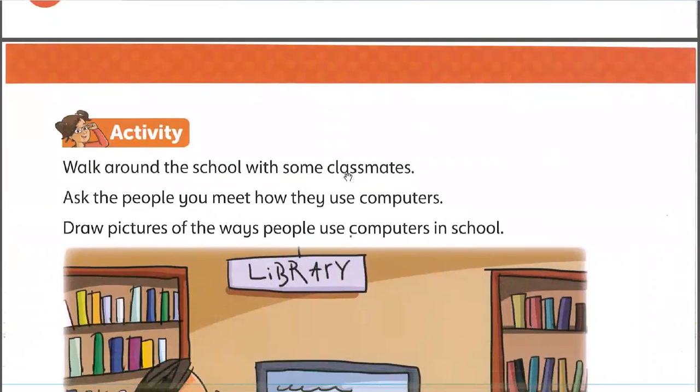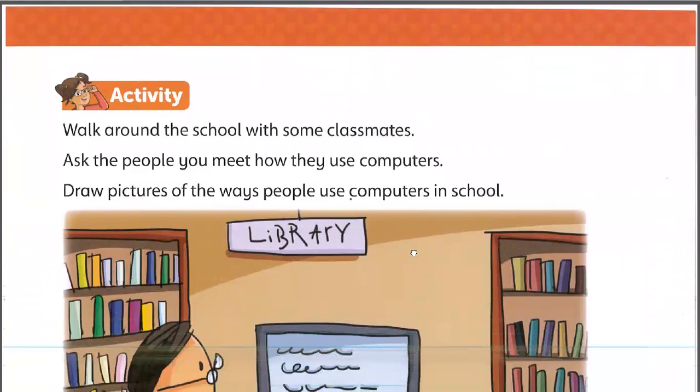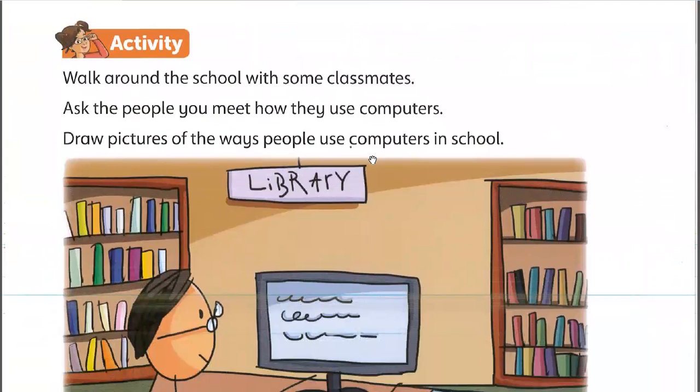Now the activity. Walk around the school with a classmate. We cannot go to the school now. Inshallah, when we go to the school, we can do this. Ask the people you meet how they use computers. So you can ask the people in your home how they use computers. You can ask your parents, your siblings, your uncles and aunts how they use computers.